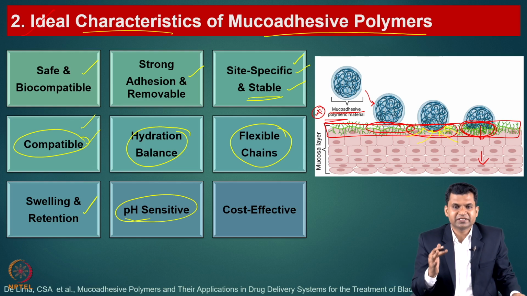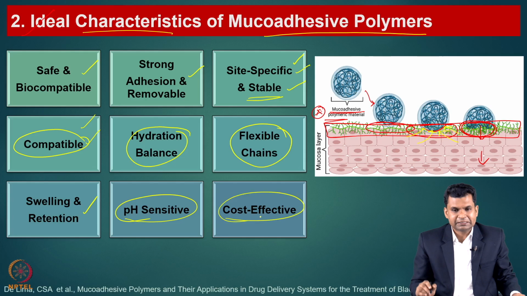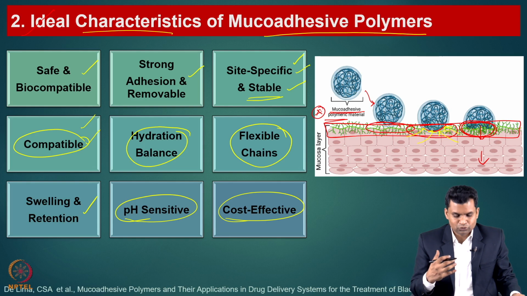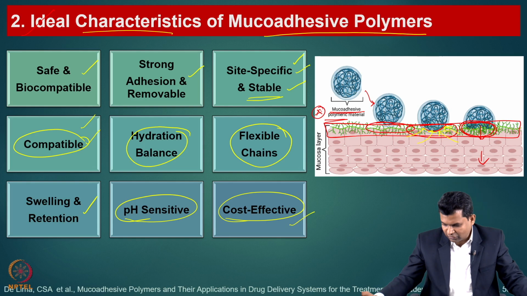In such cases pH sensitivity has a major role, and the polymer also needs to be selected based on temperature. Cost effectiveness also needs to be balanced. Your delivery system may perform very well, but if the cost of the polymer is very high, then people will not opt for it. So, your polymer should be cost effective compared with conventional formulations.